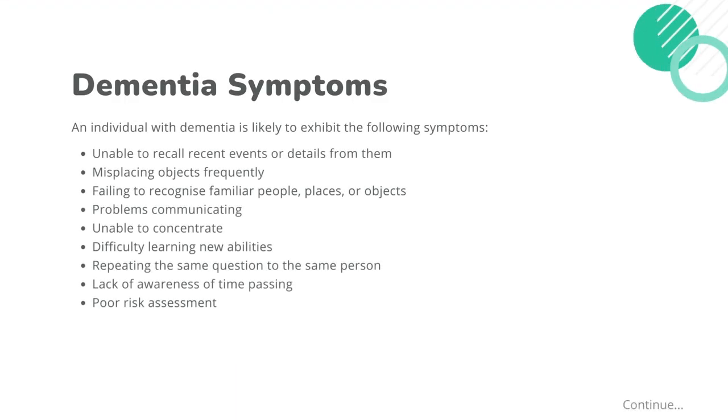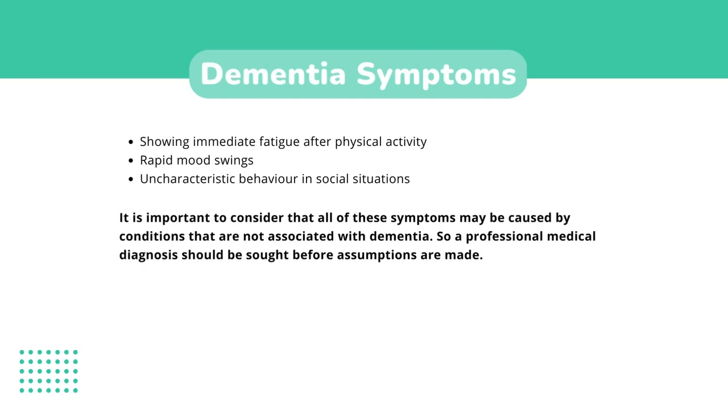Dementia symptoms. An individual with dementia is likely to exhibit the following symptoms: unable to recall recent events or details from them, misplacing objects frequently, failing to recognize familiar people, places, or objects, problems communicating, unable to concentrate, difficulty learning new abilities, repeating the same question to the same person, lack of awareness of time passing, poor risk assessment, showing immediate fatigue after physical activity, rapid mood swings, uncharacteristic behavior in social situations.